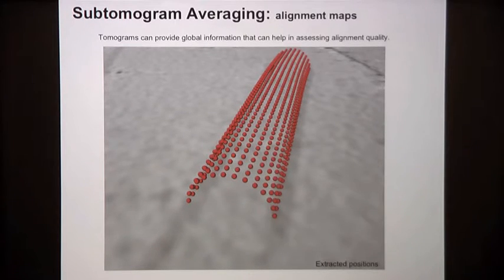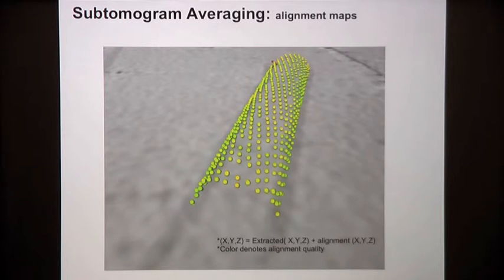This is a tube, and we've extracted subtomograms centered around these red dots. Then we can do alignment and averaging, and the X, Y, Z positions of the subtomograms move during the alignment procedure, and then we can plot them back onto our tomogram. This shows a nice helical arrangement, and we can use this to assess how well our alignment is doing.